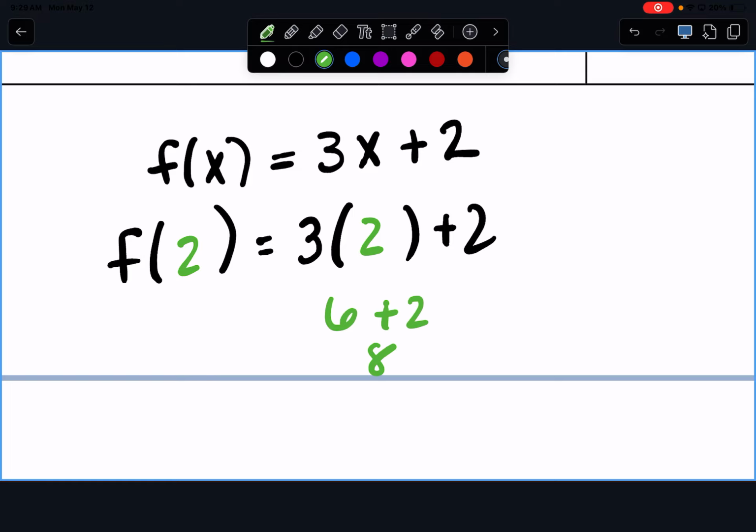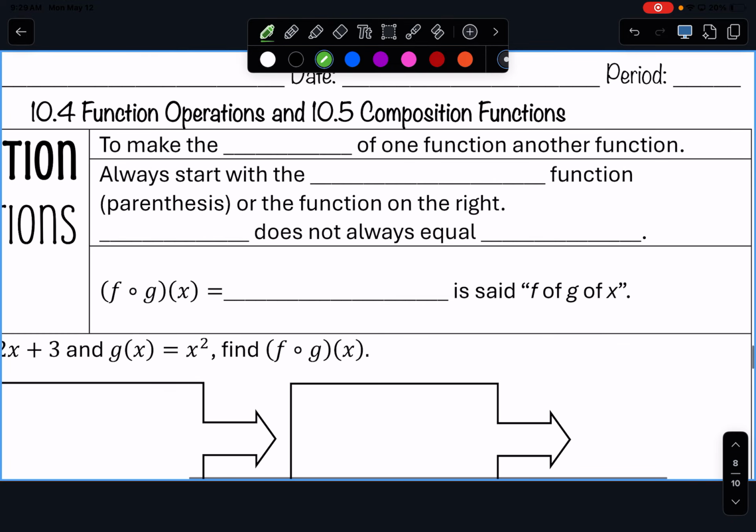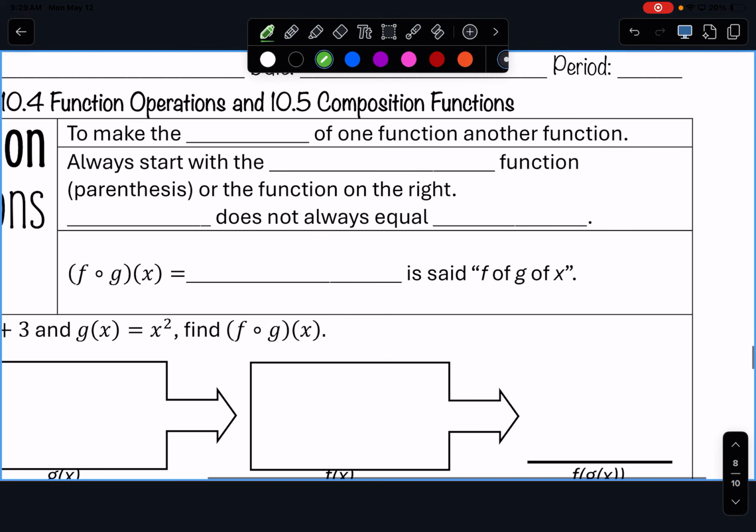So when you are doing this, all you are doing is changing the input. There is something called composite functions, and a composite function just means that you make the input of one function another function. We're taking a function and plugging it into another function.